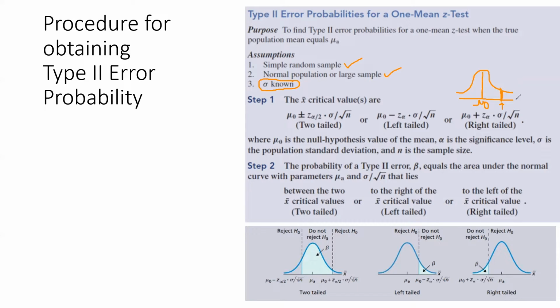What we're going to do is say, okay, what happens if this isn't true? And we have some actual value over here, some mu sub a. And that's what we're doing here. So we have our mu naught, we add to get to this point. So this value right here is where this line is.